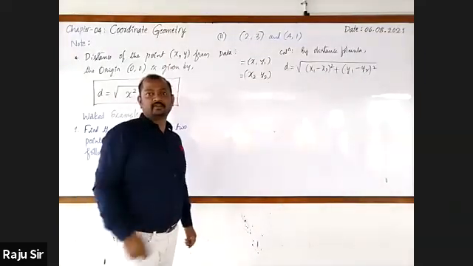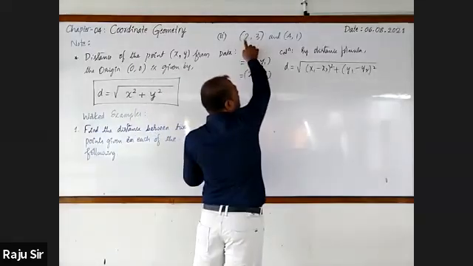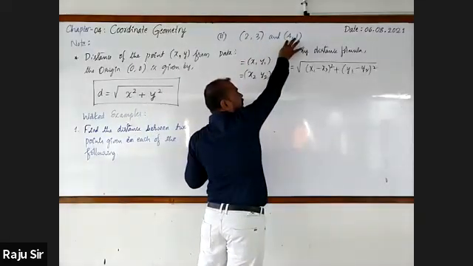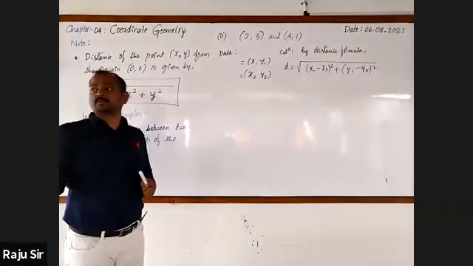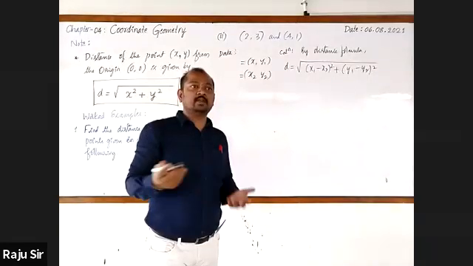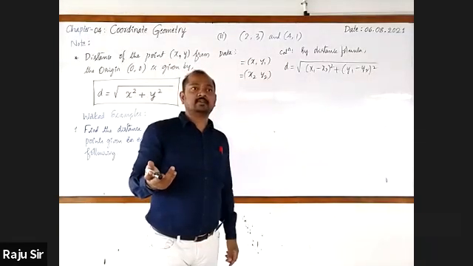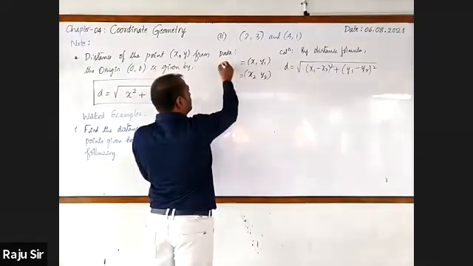Root 8, yes. 2 root 2 will come. 2 minus 4 is minus 2, square 4. 3 minus 1 is 2, square is 4. 4 plus 4 is 8. Square root of 8 can be written as 2 root 2. Right.